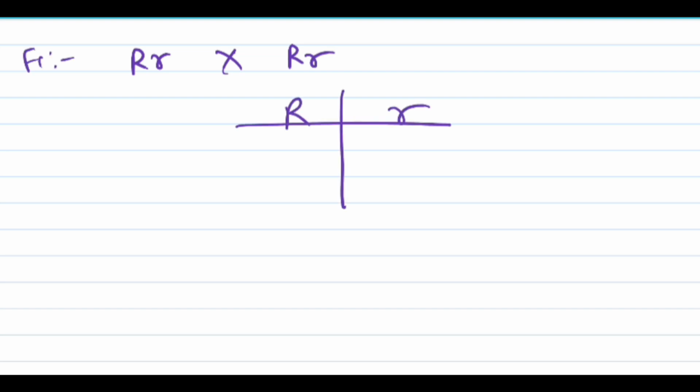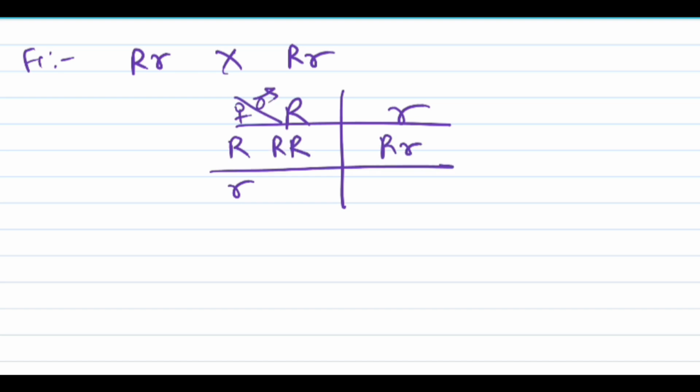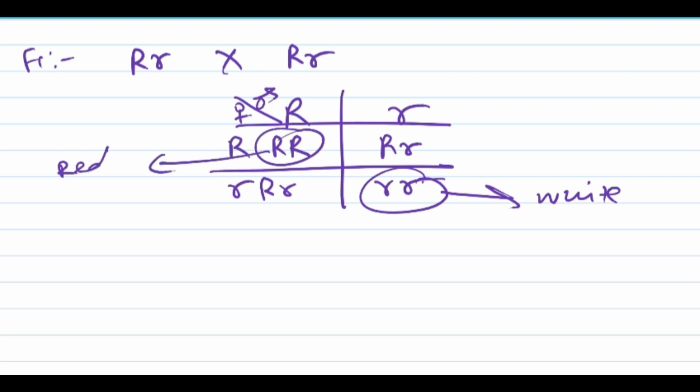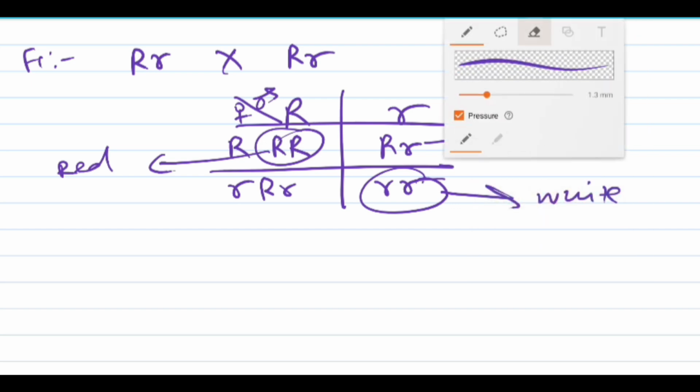So let us cross two plants, two pink color plants like we did in F1. So we have this capital R small r and capital R small r again. We will get capital R capital R, capital R small r, capital R small r, and small r small r. So small r small r is white, capital R capital R is red, and these two, capital R small r, are pink.